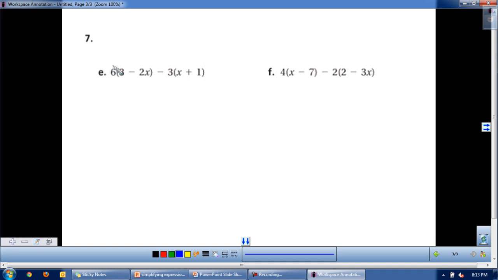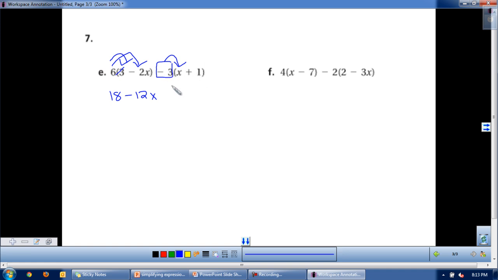Okay, here we go. 6 times 3, that's 18. 6 times negative 2x, that's negative 12x, or minus 12x. Now, here's a little tricky part. We're going to box the negative 3. This is actually what we're going to do. We're going to multiply it to each of the terms inside the parentheses.